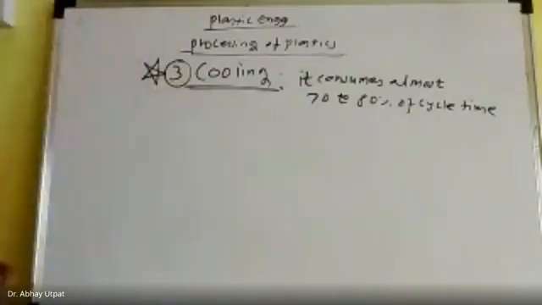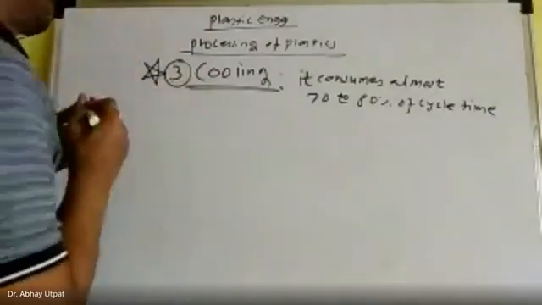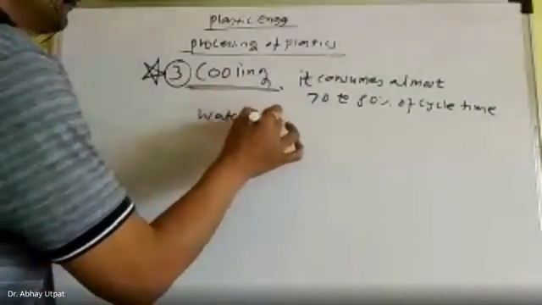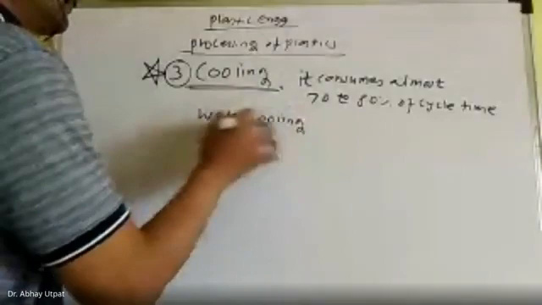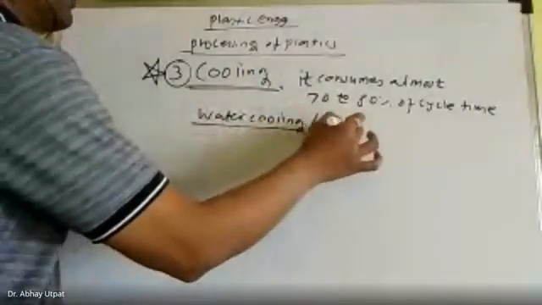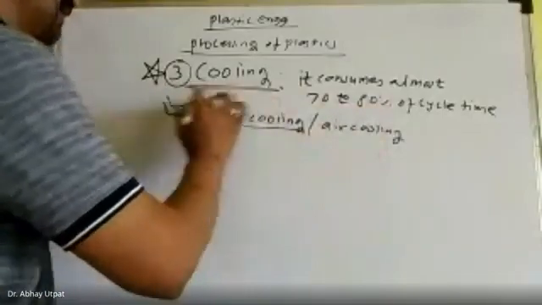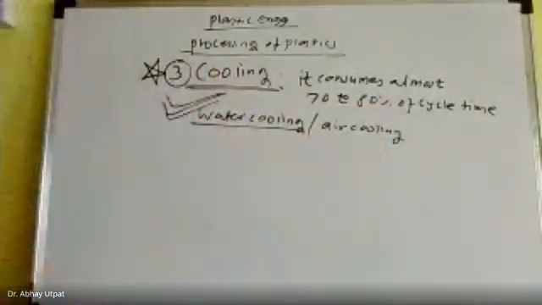How is cooling carried out? It is usually water cooling, or air cooling. But for injection mold, water cooling is maximally used.